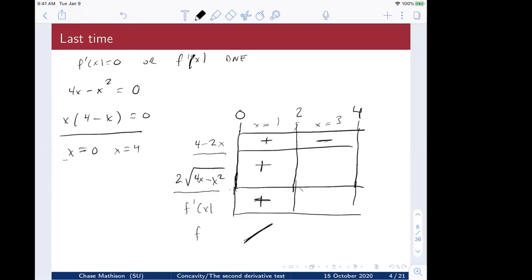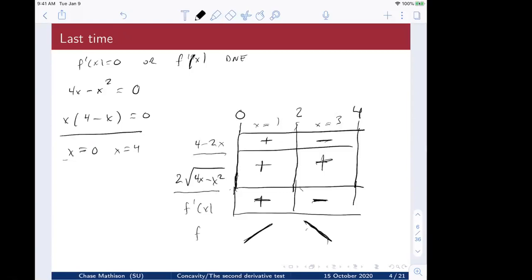What sign does 2 times the square root of 4x minus x squared have at x equals 3? Positive. Very good. So f prime is a negative divided by a positive, which is going to be negative. And so f is decreasing between 2 and 4.